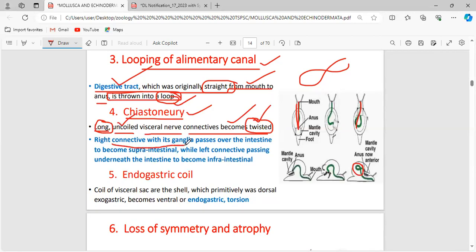The right connector with its ganglia passes over the intestine to become supraintestinal, while the left connector passes underneath the intestine to become infraintestinal. The right connector with its ganglia passing over the intestine is supraintestinal. Left is infraintestinal. Okay, this is the location of the nervous system.